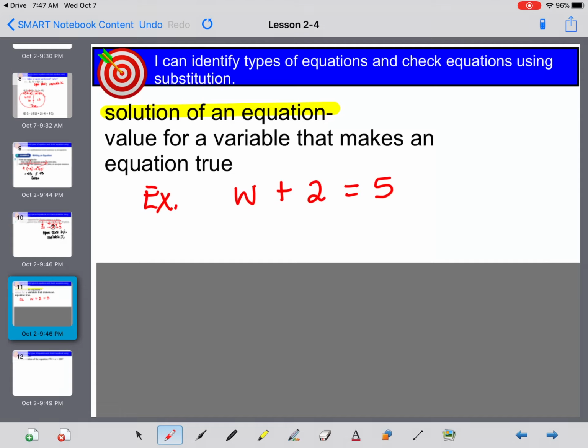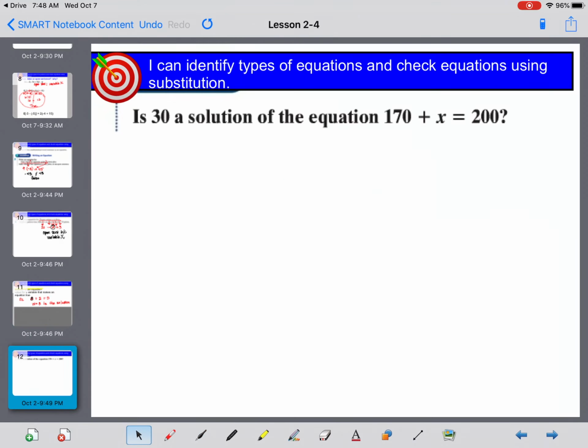What value for w makes w plus 2 equal 5? Well, w would have to be 3. That is the solution to the equation. Because if I would substitute a 3 in here, that would make 3 plus 2 equals 5 true. So we're trying to make true equations.